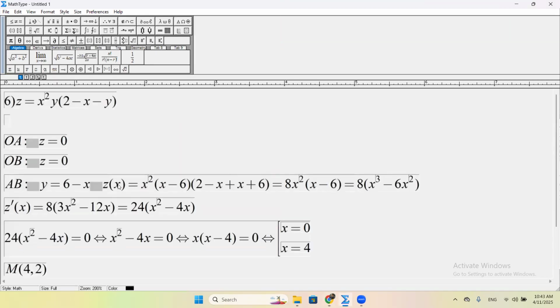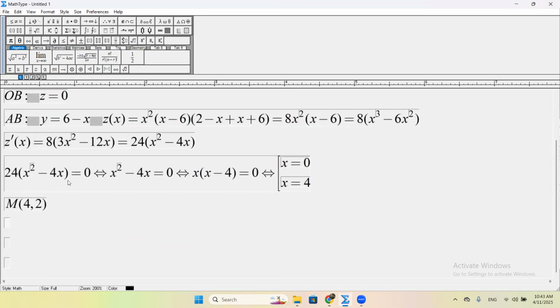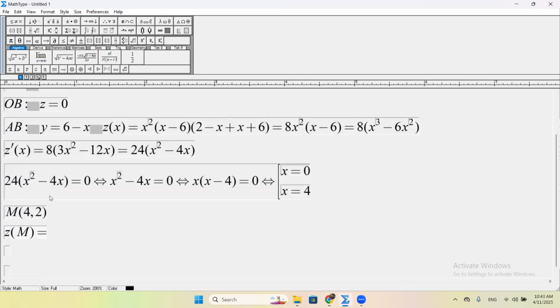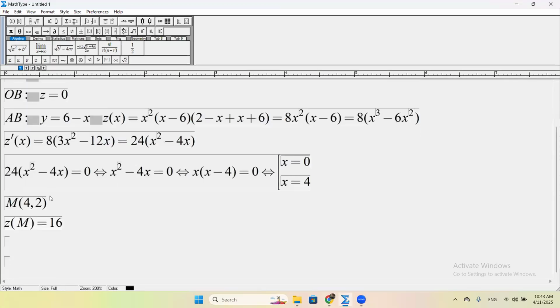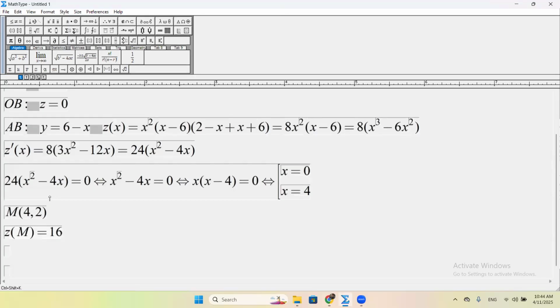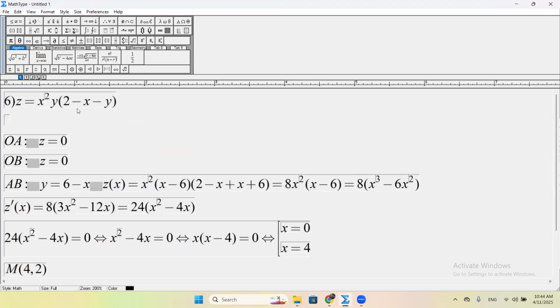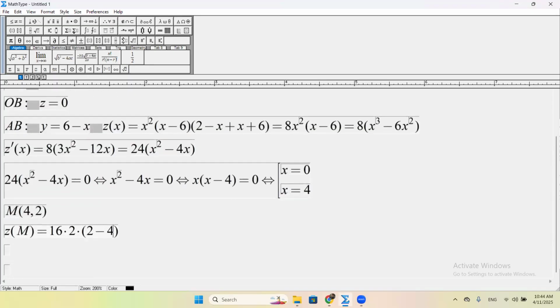So now let's calculate the value of this function at point M. 4 squared, okay, 16 by 2, and by 2 minus 4 minus 2.